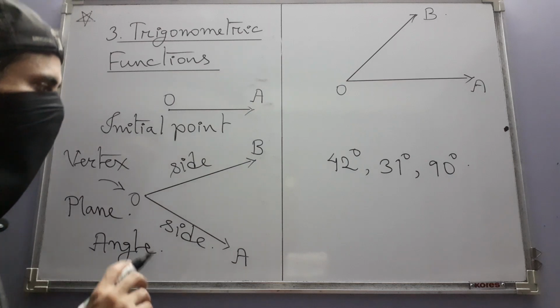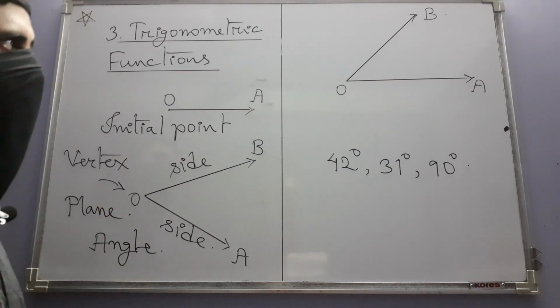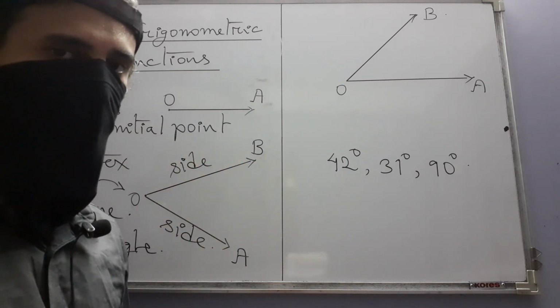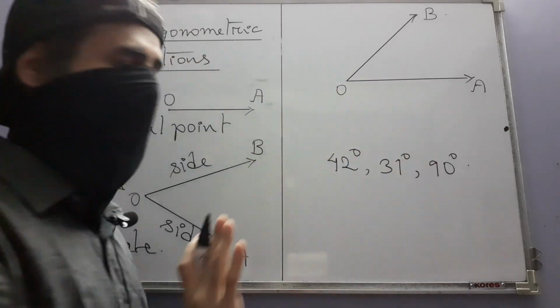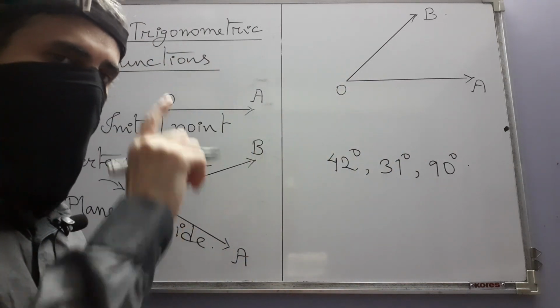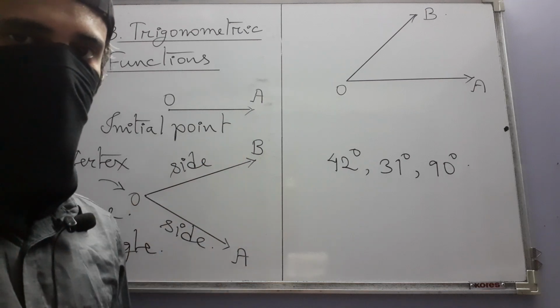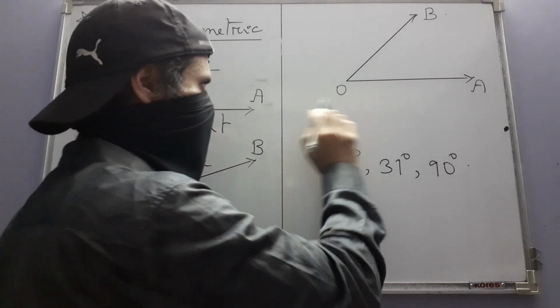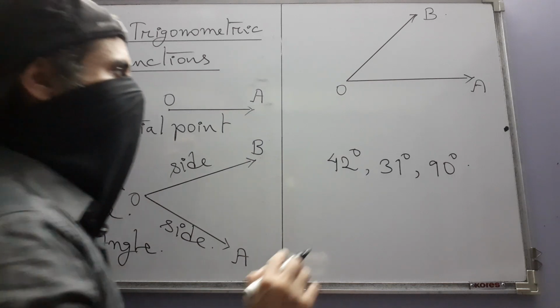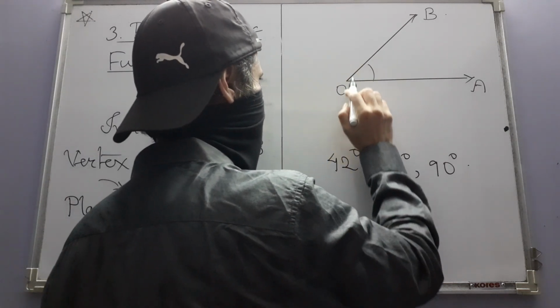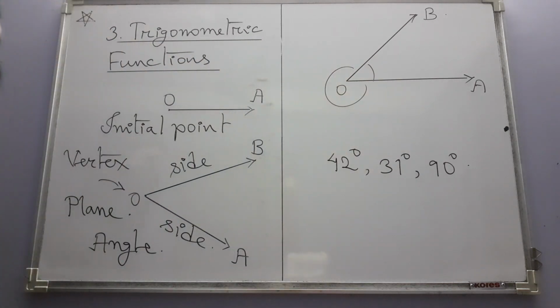In the context of trigonometry, when we consider an angle, we usually do not simply mean this figure itself, but the figure with its angular measure. Actually, there are two angular measures that an angle can be associated with. One of them is this, and the other one is this.